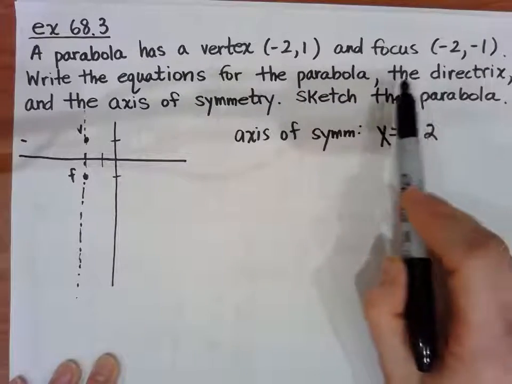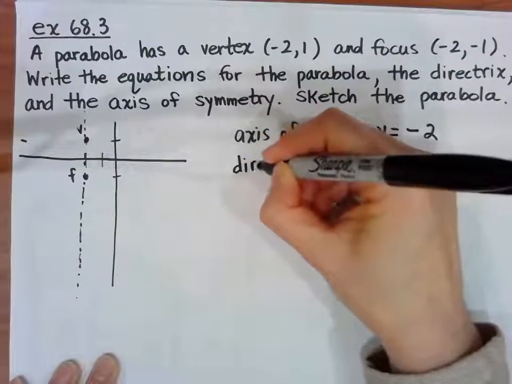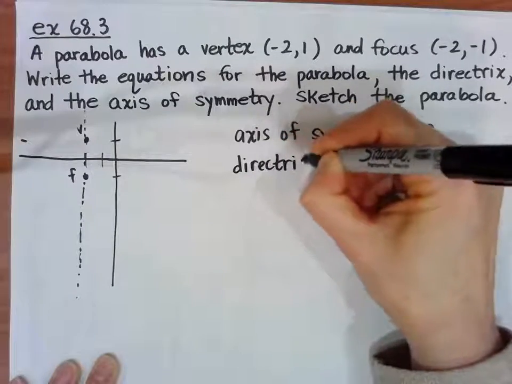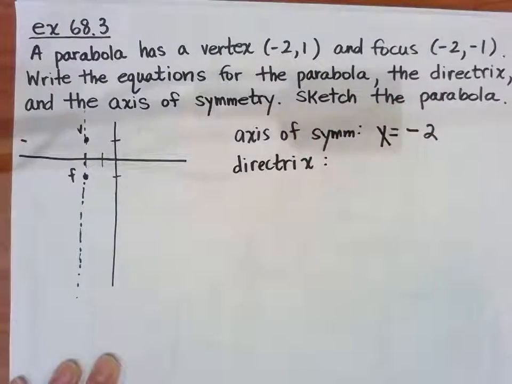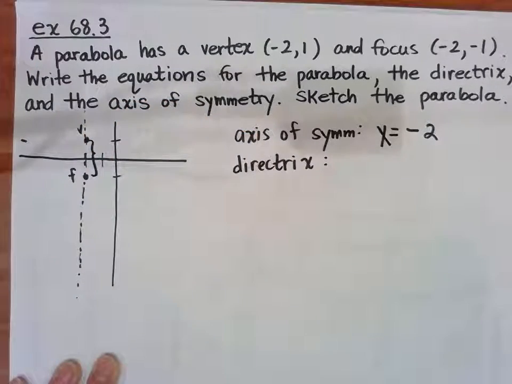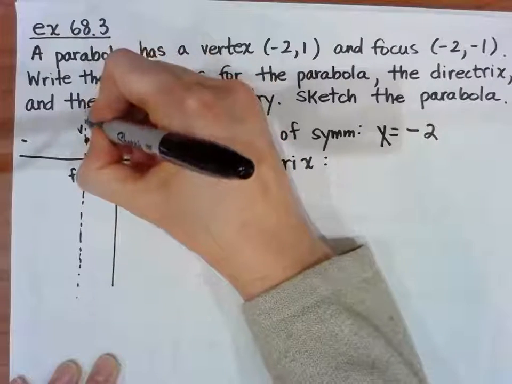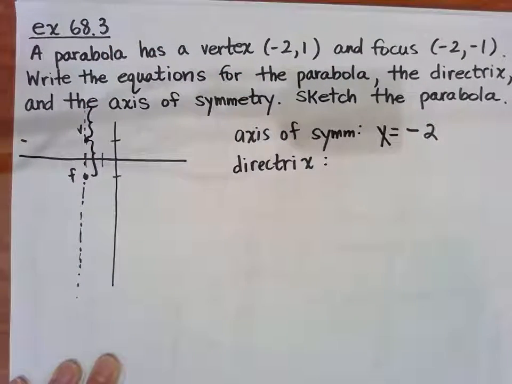Okay, the directrix is probably the next easiest one. Because we know that the distance between the focus and the vertex has to be exactly the same as the distance between the vertex and the directrix.